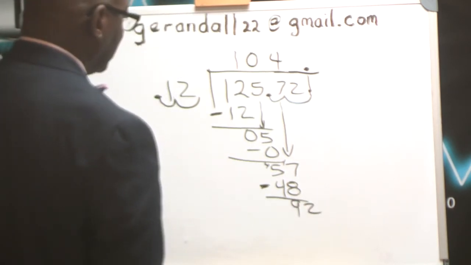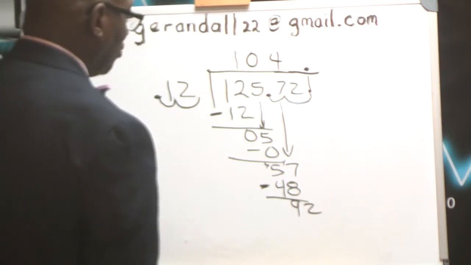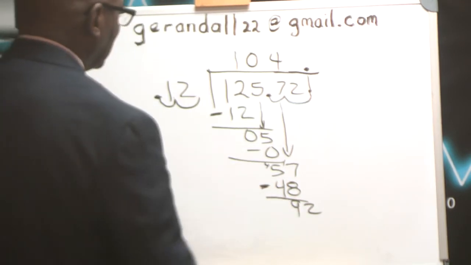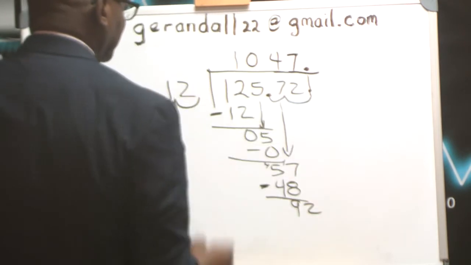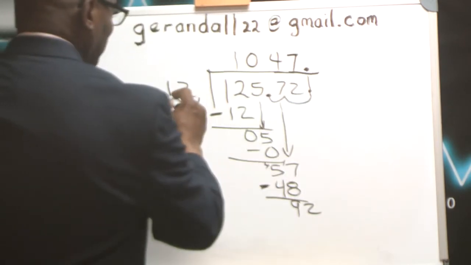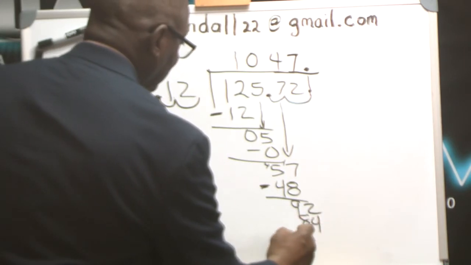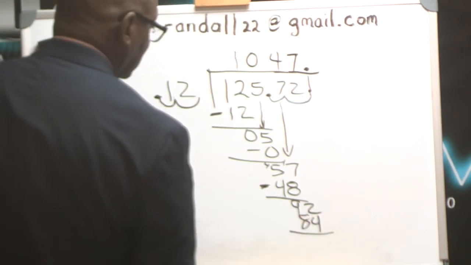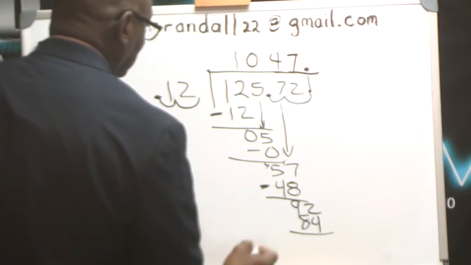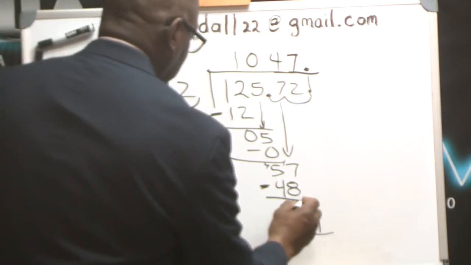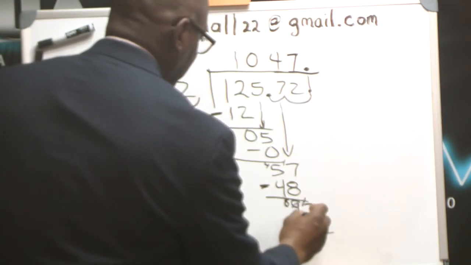And you got 92. What number multiplied by 12 will get close to 92 without going over? 7. 7 times 12 is 84. Basic fact again. Okay. And we have to borrow. That becomes 8. We got 12.